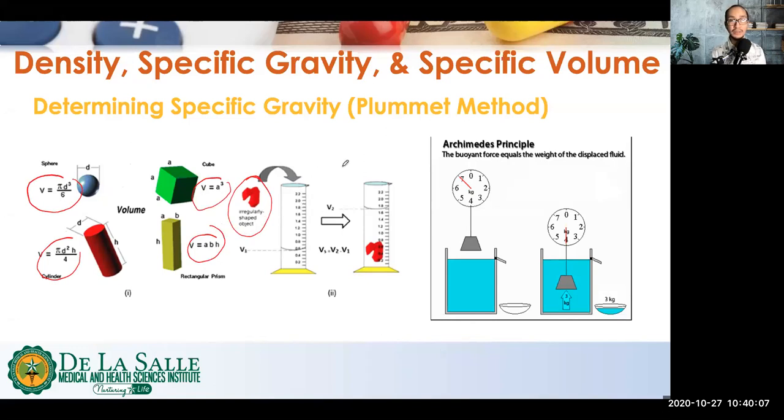So we can employ Archimedes' principle to determine the volume of irregularly shaped solids. Now the weight of the displaced liquid is the same as the weight that pushes, or the buoyant force that pushes the object in the liquid that immerses the solid. So those are the photos that I have here.